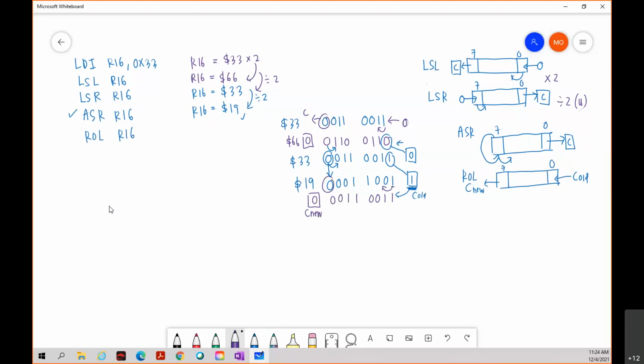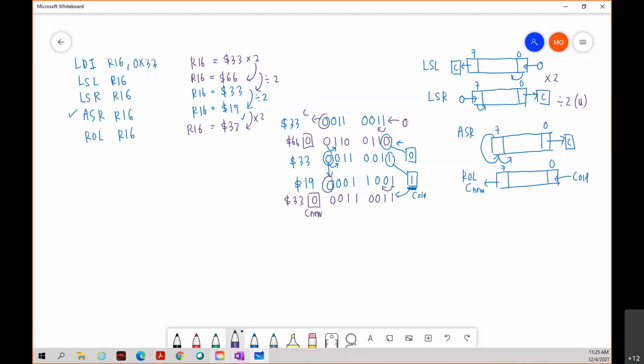And then what is the result? The result is 33, so R16 is now equal to 33. So actually 19 multiplied by 2, you will get 33. Okay, so this is for the ROL.